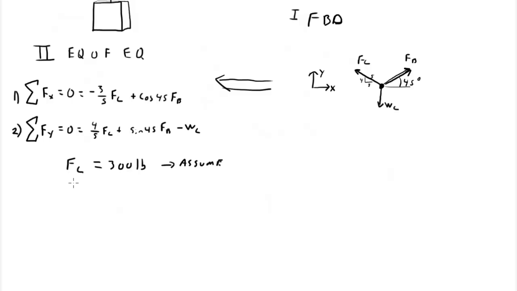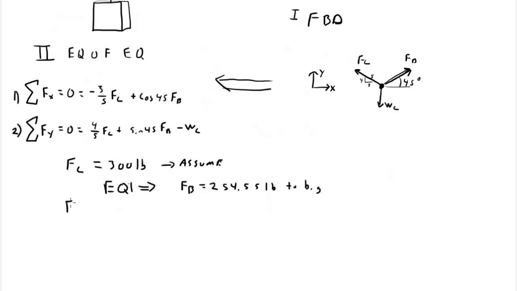If FC is 300 pounds, what does FB equal? Using equation 1, we can show that FB equals 254.55 pounds, which is actually too big. So that can't be true.